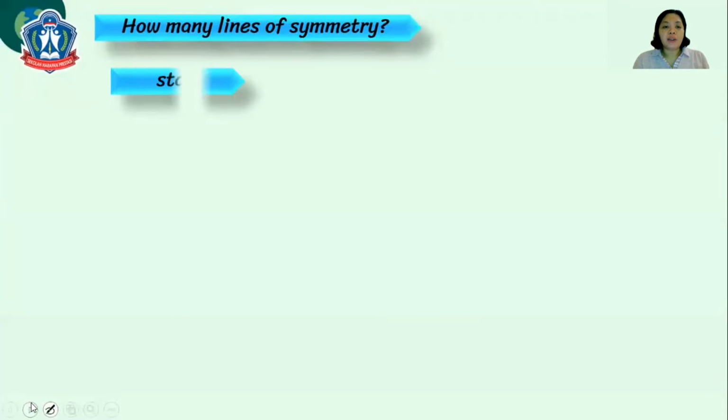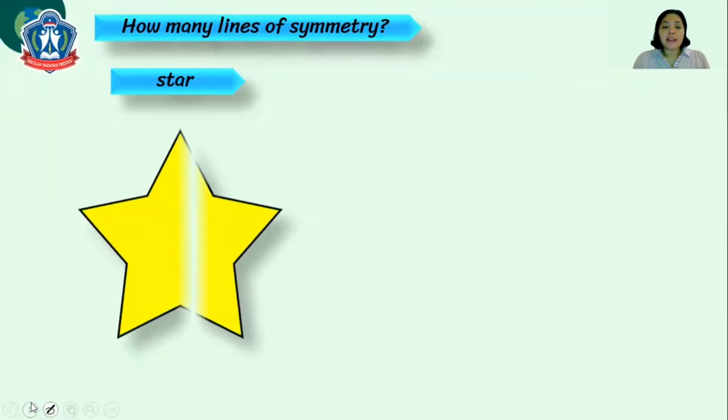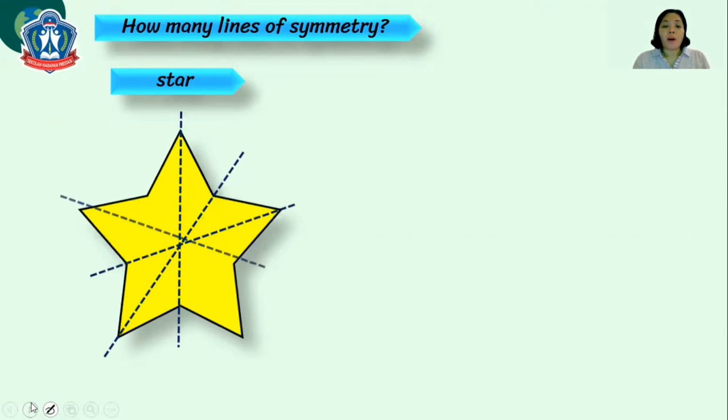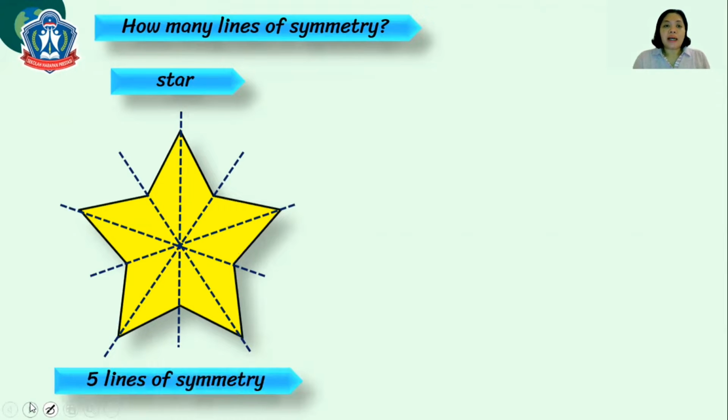I have here another shape, a star. Let's count how many lines of symmetry a star has. 1, 2, 3, 4, 5. So a star, children, has 5 lines of symmetry. So we can cut a star in 5 ways. How about an octagon?